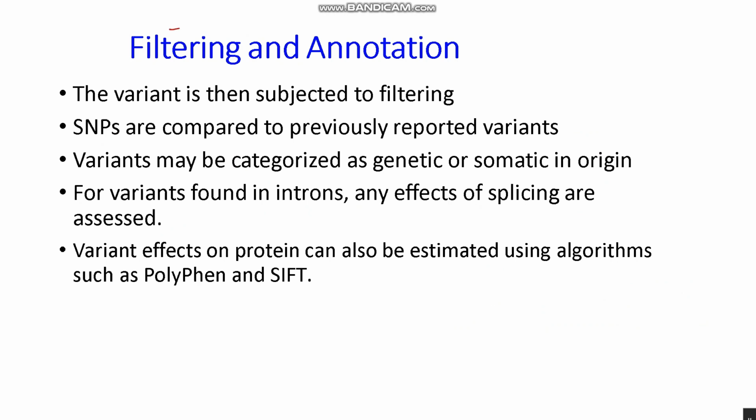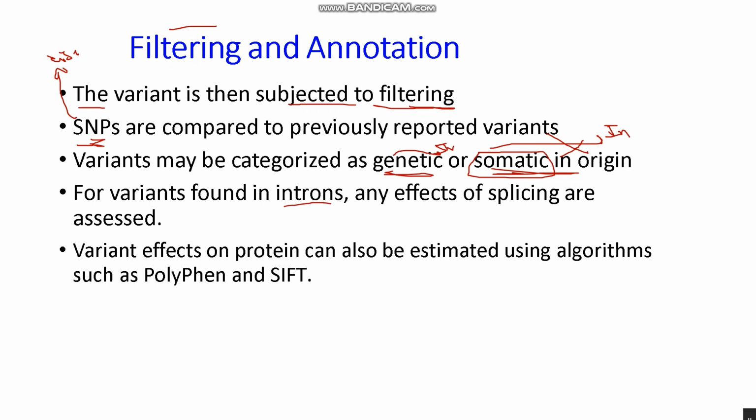Now we filter. The variants are subjected to filtering. There may be SNPs that don't cause the disease. The variant may be genetic or somatic. If it is genetic, it can be inherited; if it is somatic, it is not inherited. This is also checked by annotation, and we filter it out.